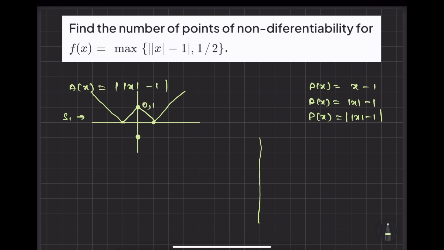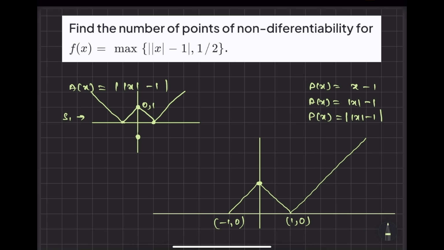Let's draw. You should have good command over graphs. Now, at 1 we have to draw. This is minus 1 comma 0. This is 1 comma 0, and then you will have this part, correct? So this way you have drawn your graph.